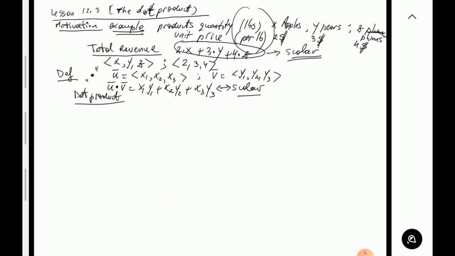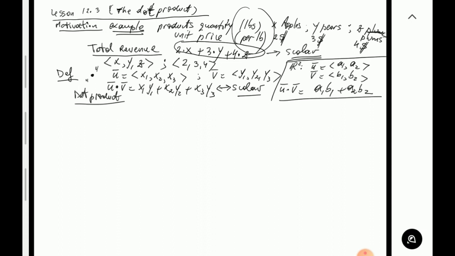a real number. Remember what I said before, we're not going to always repeat the definition for R2, but whenever I don't do it, you should assume it's analogous, right? So in R2, again, if I have two vectors, let's say u of coordinates a1 and a2, v of coordinates b1, b2, it's pretty obvious that u dot v for two vectors in the plane is a1 b1 plus a2 b2.